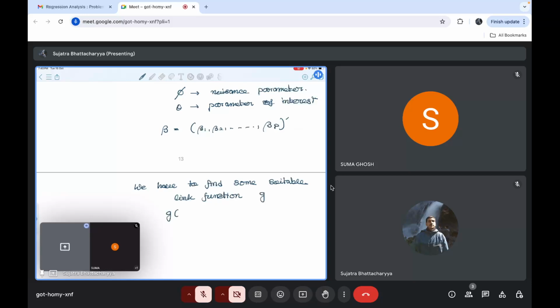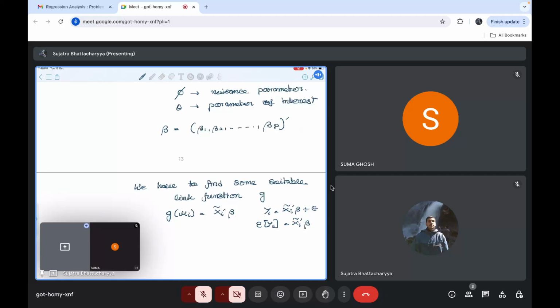So g of mu i is equal to xi prime beta. Just what we write in the multiple linear regression model, that y is equal to x beta. Right. In the multiple linear regression model, we generally write xi prime beta plus epsilon, and E of yi is therefore nothing but xi prime beta.